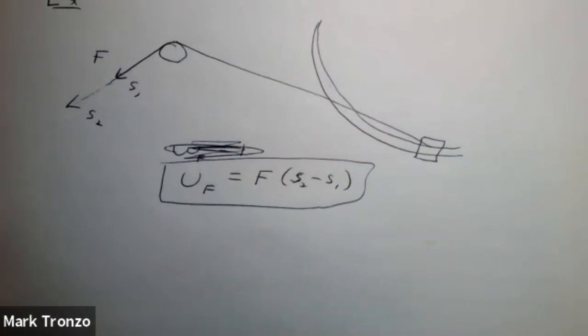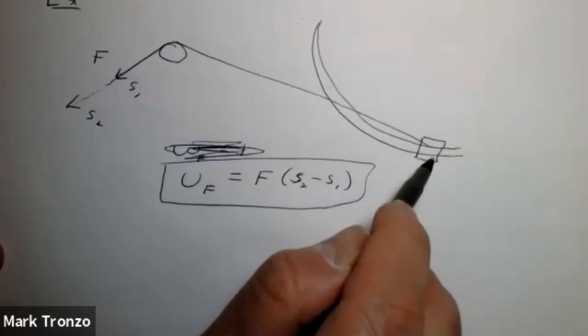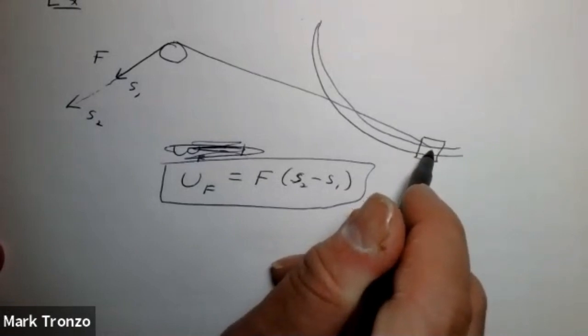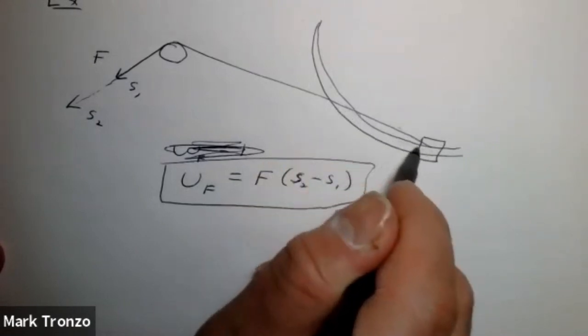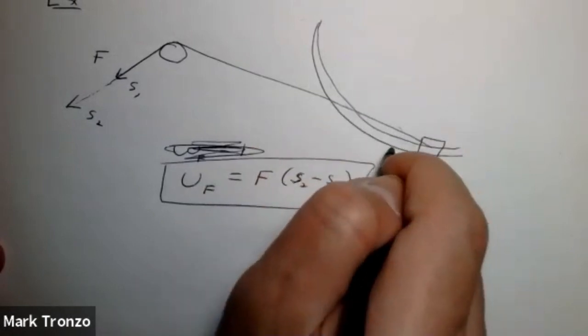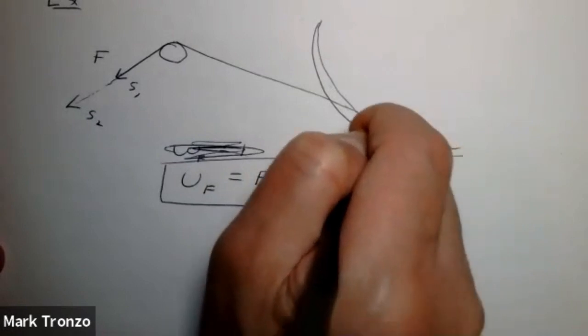Good. If there was friction, we would just add the work of friction to the work of the force. Yes, exactly. The only thing that would make it kind of hard is that the force changes along here, like the force is being pulled, and then the friction force would end up changing along the path.